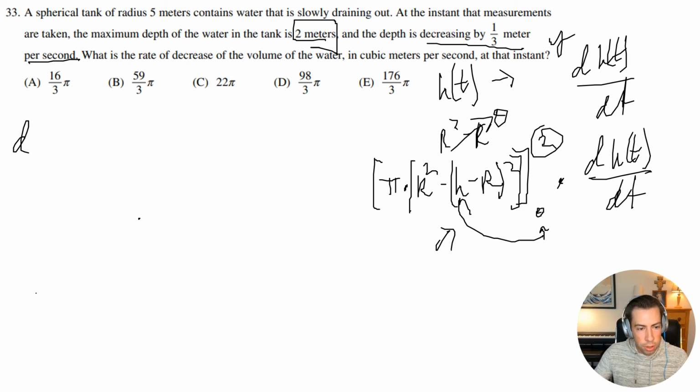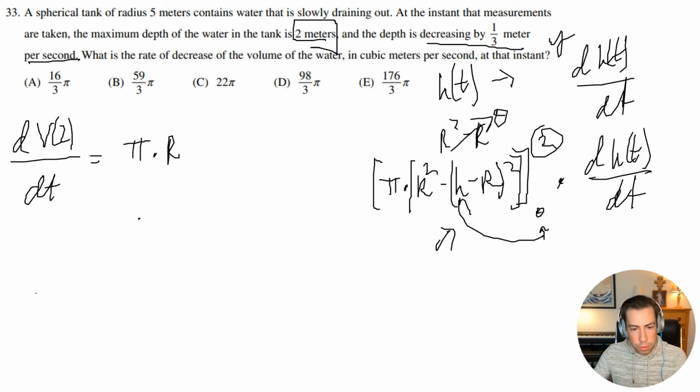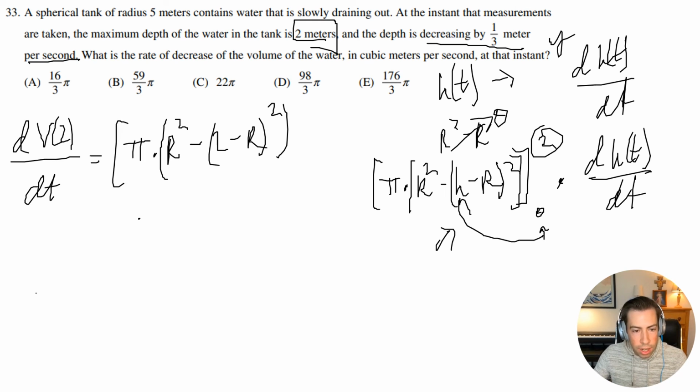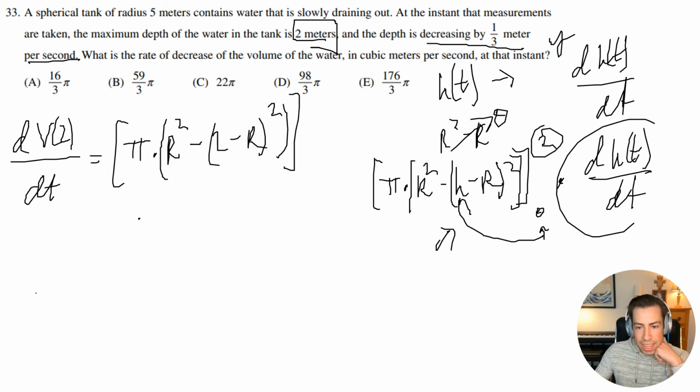So this is going to be equal to pi times r squared minus (2 minus r) squared, and this whole thing is multiplied. And then this entire thing has to be multiplied by dh/dt, which thankfully they tell us here.